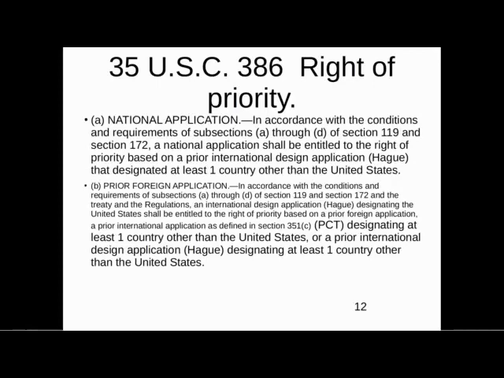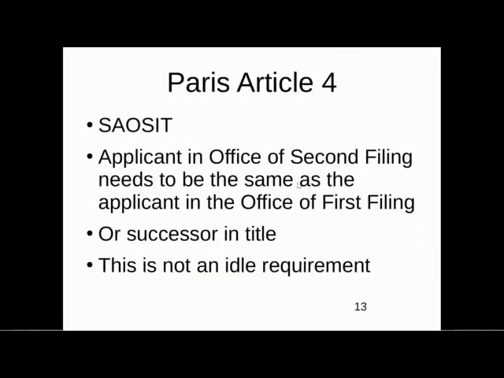Another possibility is simply that it was claiming priority from an application filed in a foreign country, or it was claiming priority from a PCT that designated at least one country outside the US. Why? Because the PCT had a bunch of good drawings. Or, as I mentioned earlier, what if somebody filed a Hague case? Okay, we're going to talk about SAO-SIT.